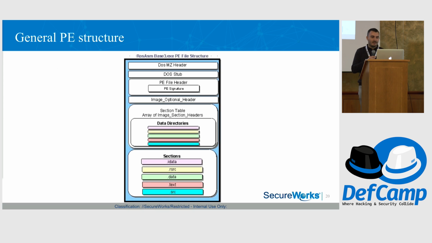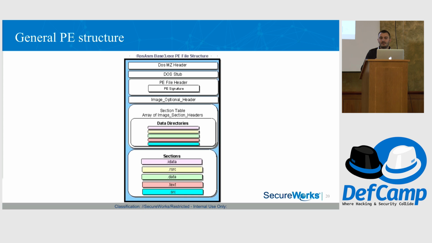So let's see step by step. This is the generic structure of an executable. It contains an MS-DOS header that is not used anymore, which just prints a text that you can see in Notepad: This program cannot be run in DOS mode. After the DOS header, you will see the PE header.